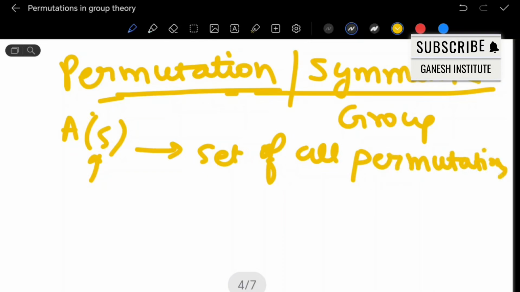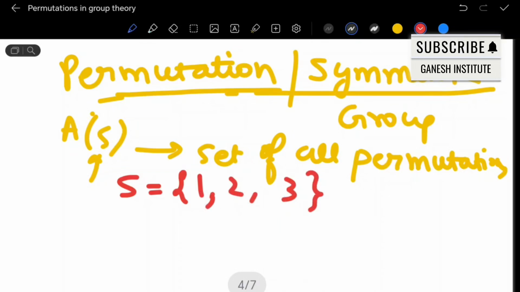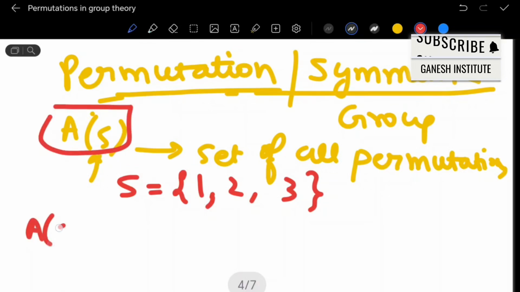So what do I mean by it? Let's say you have S as 1, 2, 3. S set has 3 elements. Then how many elements will the permutation group have? Let's find out.